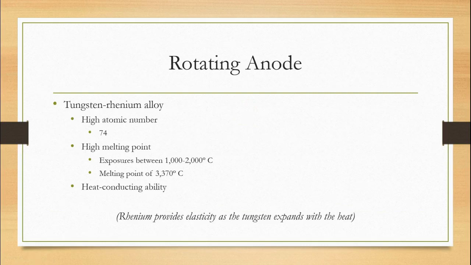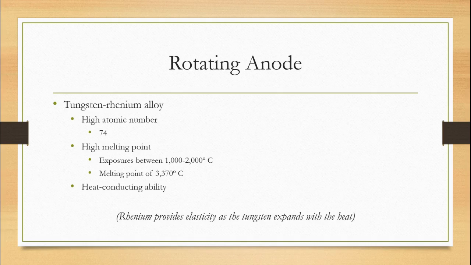It has a high atomic number of 74 for our tungsten. It has a high melting point, and for the tungsten, exposures between 1,000 and 2,000 degrees Celsius are perfectly fine.